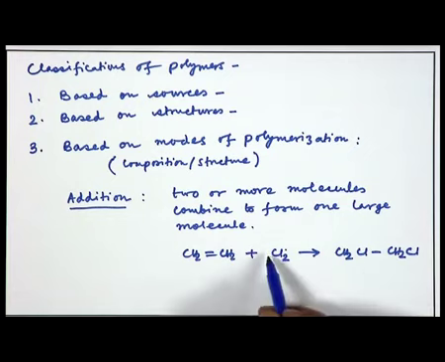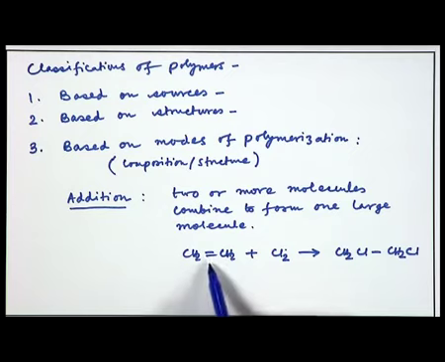It could be 2 in this case, it could be more than 2 also, and it happens mainly for the molecules containing double or triple bonds, where a new group or atoms, a molecule, gets added up, forming sigma bond.